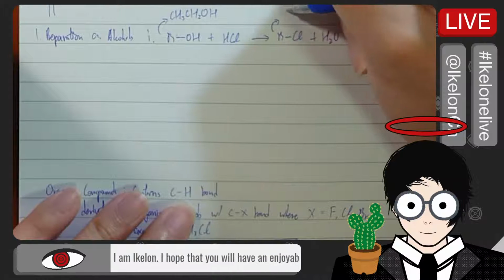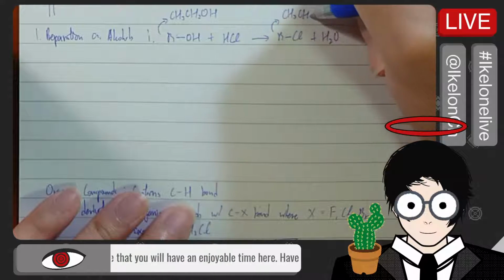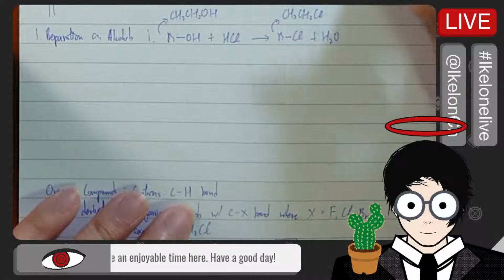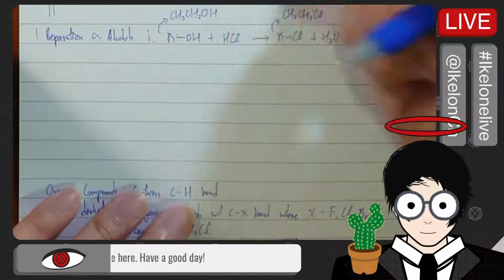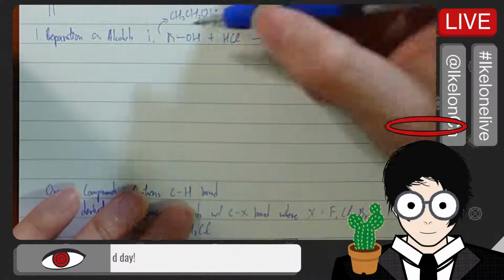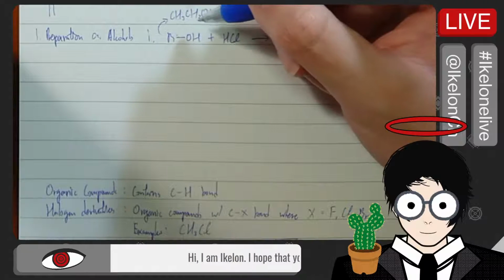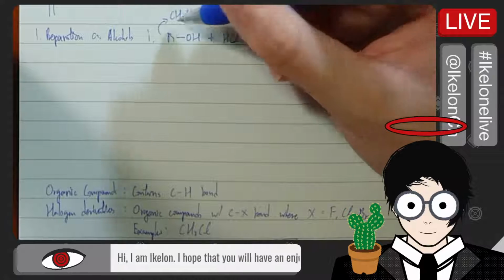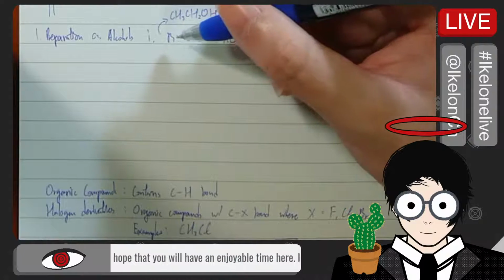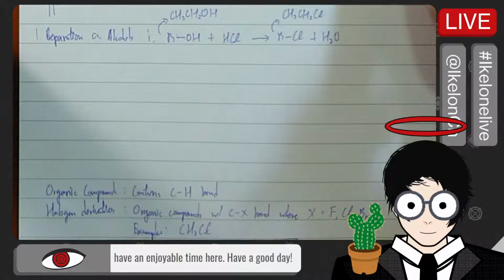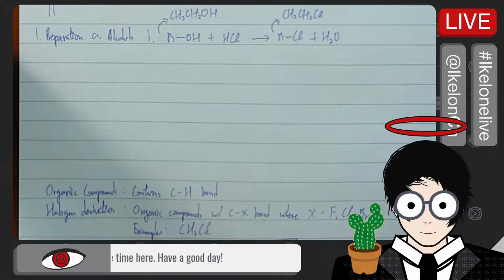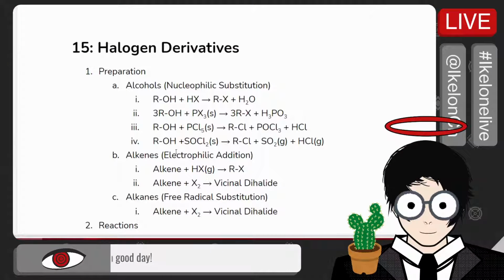Then this would be CH3CH2Cl. So the R denotes the CH3CH2, but the R can be anything really. It can be CH3CH3CH2. It can be as long as you want. It just denotes an organic compound. So that's what R represents. So that's an example of the first one.